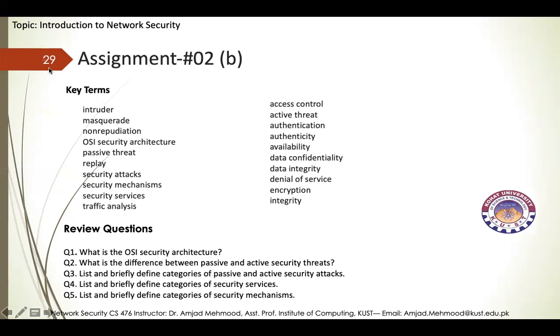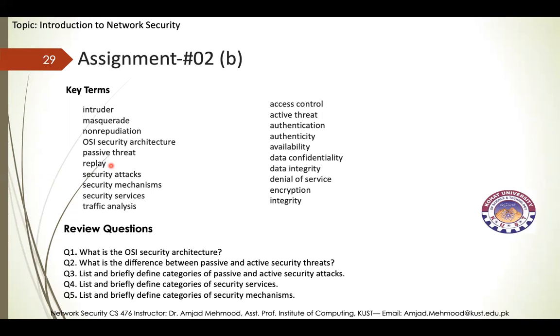Similarly, this is the assignment part B. You explore different terms like intruder, masquerade, or non-repudiation, because we are starting the course of network security, and you must know each term's meaning. It's vocabulary, and the vocabulary is different from traditional networks.